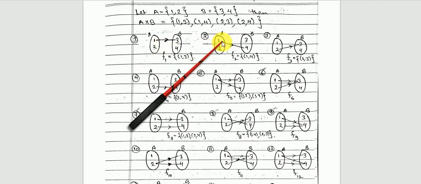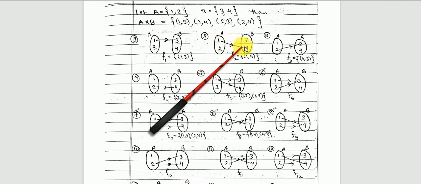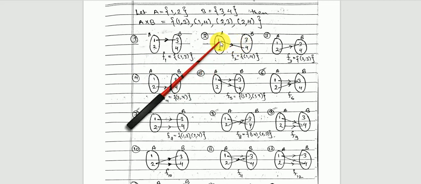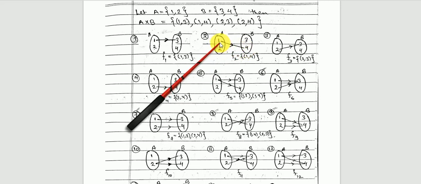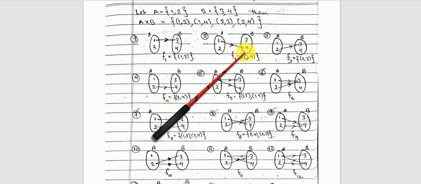See the second one. This is a relation because you can see that 1 is related to 4. But again, in this case, this is not a function because this element 2 of A is left out. It is not associated to any element in B. So again, this is not a function, but this is a relation.